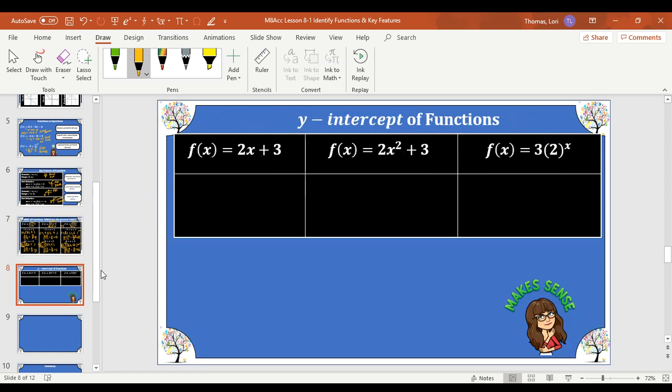So when we plug in 0, it wipes that out, gives me 3. When I plug in 0 here, it's going to wipe that term out and give me 3. When I plug in 0 here, that gives me a value of 1, and then 1 times 3 is 3. So this is the one point where all 3 functions intersect.